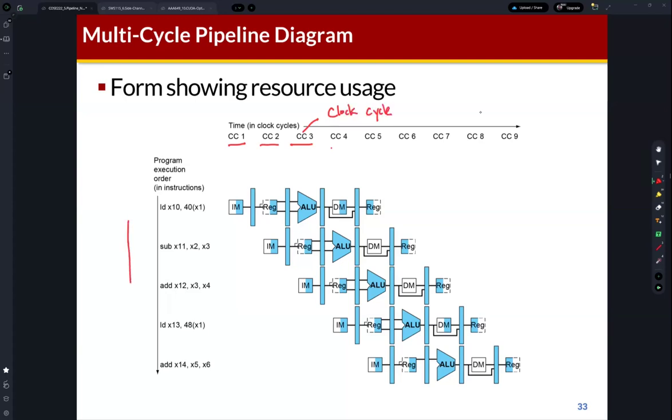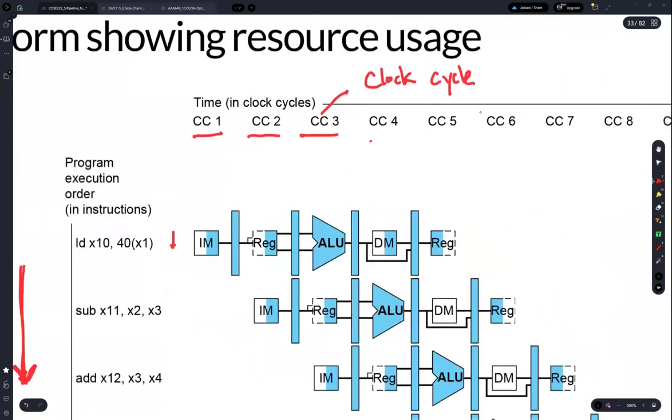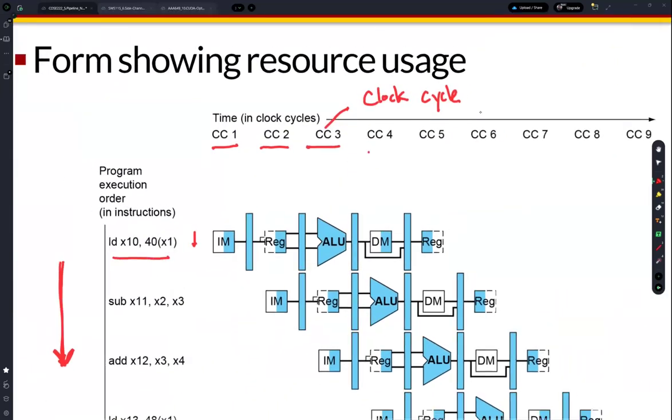Also, the vertical position represents the instructions. Instructions are executed sequentially from top to bottom, right? So this vertical position represents the instruction stream. The first instruction is the load instruction.